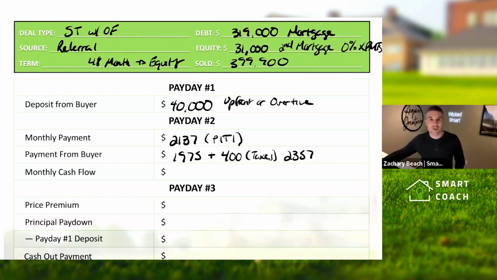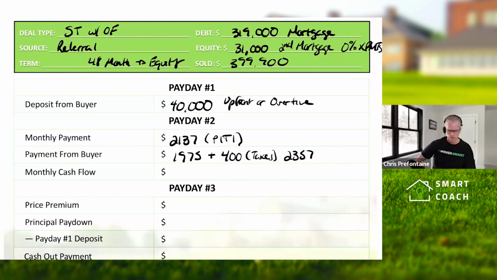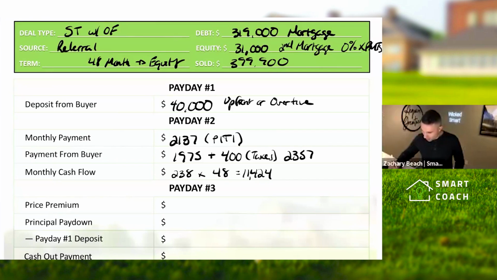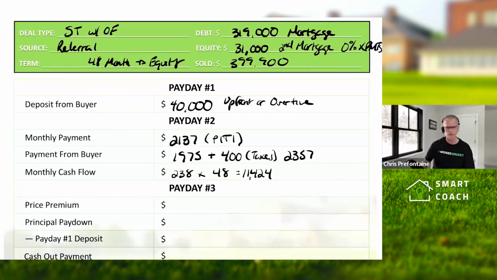Projected cash flow. It's $238 a month. We only did the 48 months. Who knows if this is going to be a two-year deal or a 7, but we did 48 months and we came out with $11,424. Okay. We bought it for, markup was $49.9. Okay.